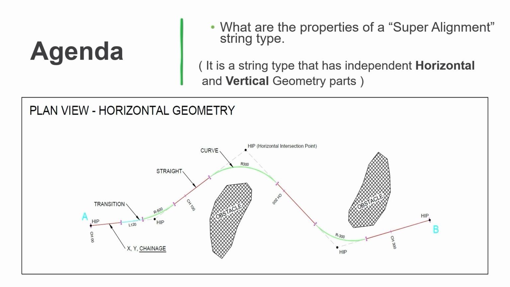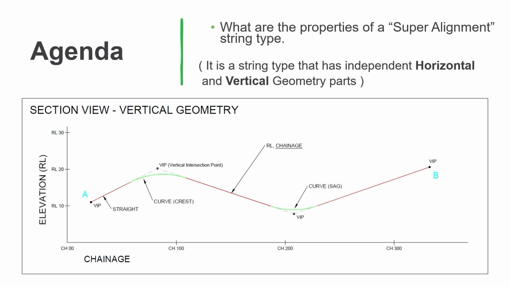And it's important to note here, for a super alignment, in plan, you've got an X, Y position for each point, as you would normally have, but you'd also have a chainage. And the chainage is the key that links the horizontal to the vertical. Next, we've got a section view. Again, just some geometry here.